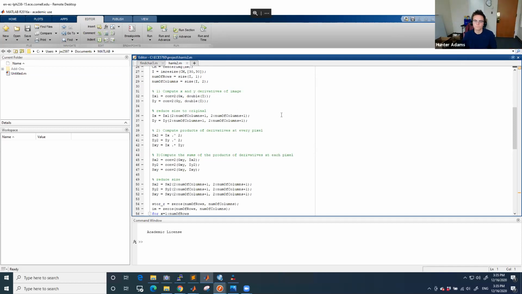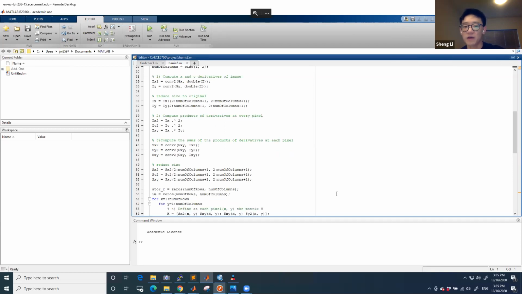Okay. So in the corner detecting algorithm, in order to get the corners, we first have to find the spatial derivatives of the image. Second is to compute the products of the derivatives, and the third is to sum up the derivatives. And a Gaussian filter is used to filter out the noise. It's like a pre-processing step.